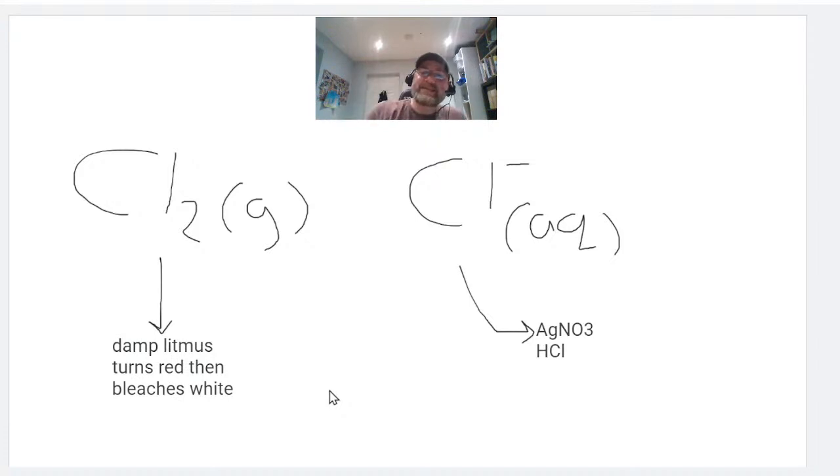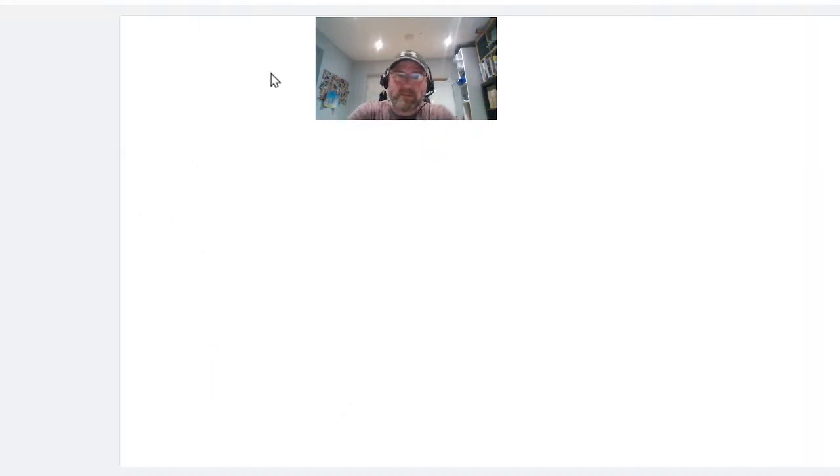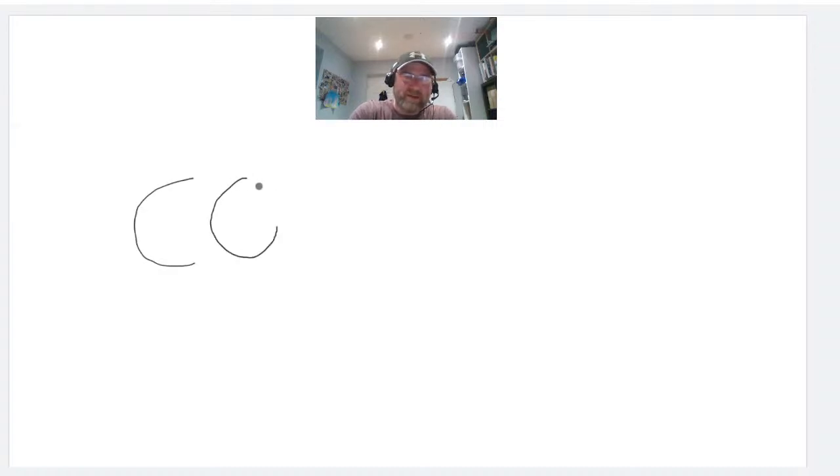Finally, if you need to test for carbonates, CO3 2-, which is the carbonate ion, just add acid. They're going to give off carbon dioxide, and then you can use limewater.